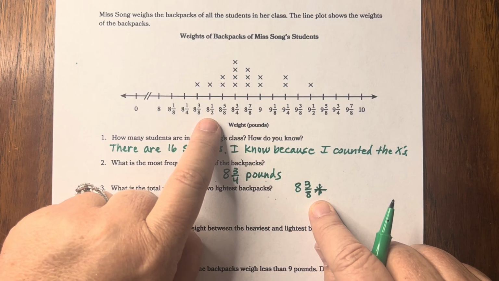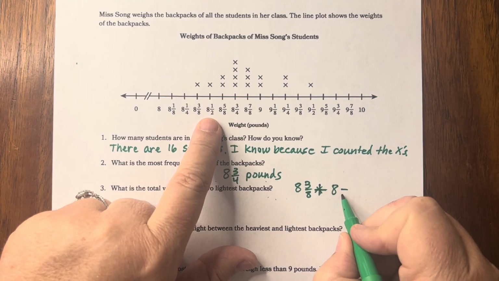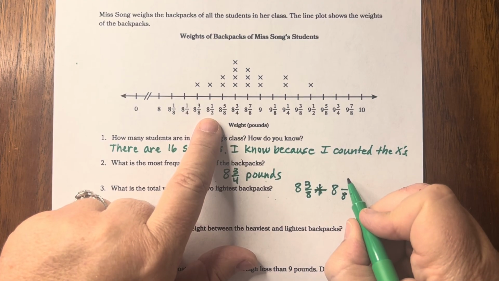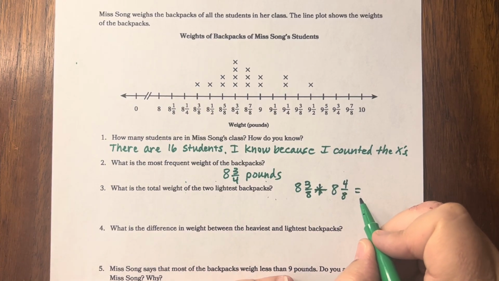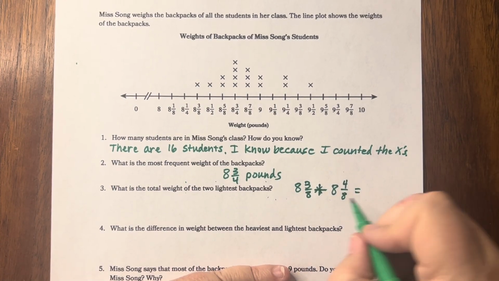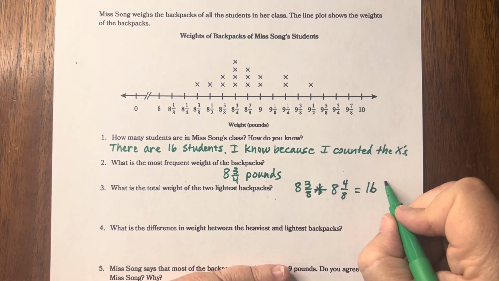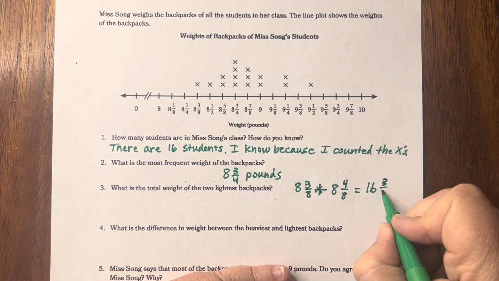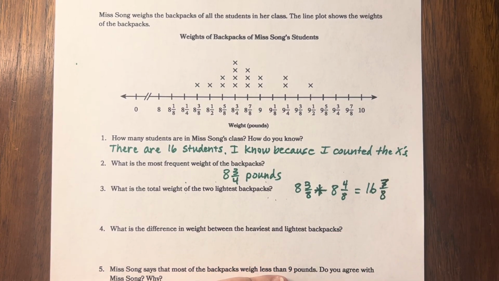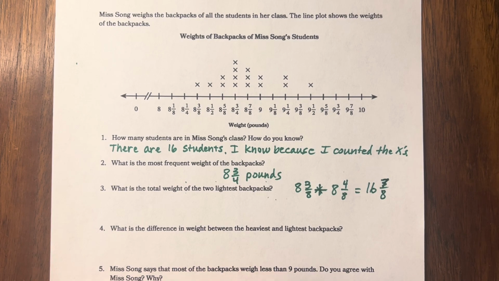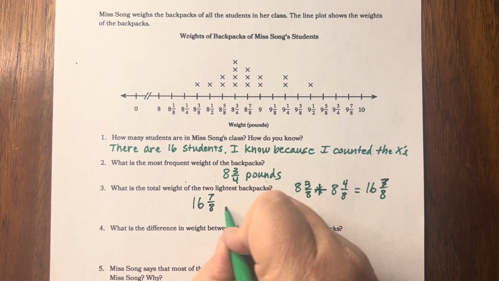So if I have 8 on the bottom, what is half of 8? And you should say 4. And you're correct. Okay. So when we do that, we get 8 plus 8 is 16. 3 plus 4 is 7/8. Sorry, I don't know why I wrote 3. 7/8. Let's rewrite that over here. 16 7/8 pounds.